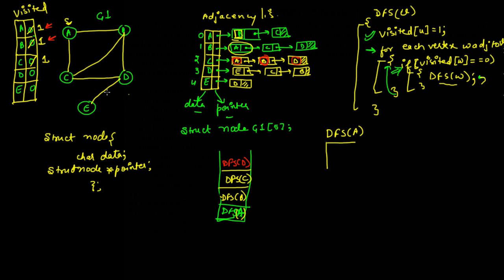When we call DFS on vertex D, we are going to make this visited value 1, right? And then we are going to see what vertices are adjacent to D. The vertices adjacent to D are E, C and B, right?